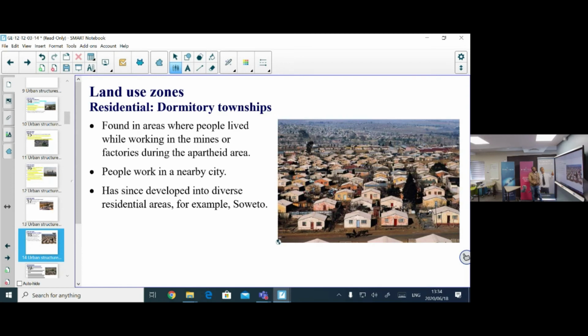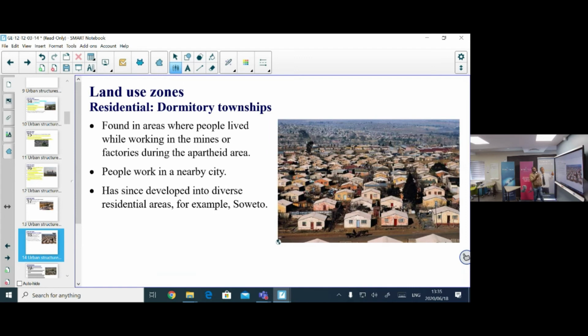Then we have dormitory townships. The dormitory township, this is where the low-skilled workers are living, and they are found in areas where people lived while working in the mines or factories during the apartheid era. People work in a nearby city, and the area has since developed into diverse residential areas, for example, Soweto.